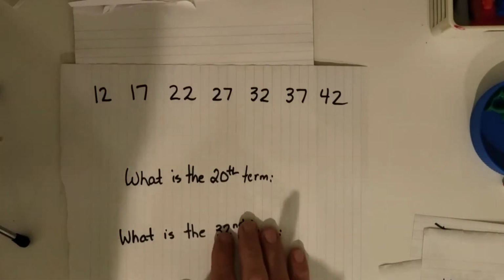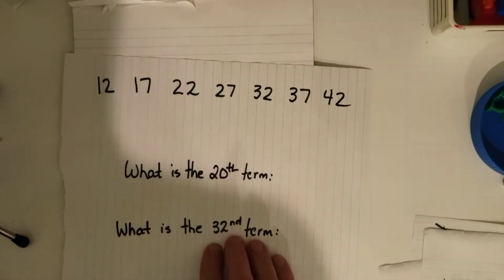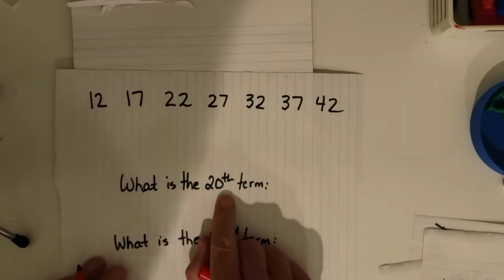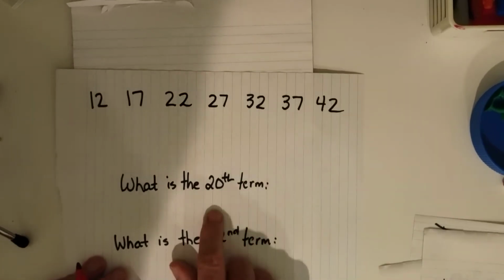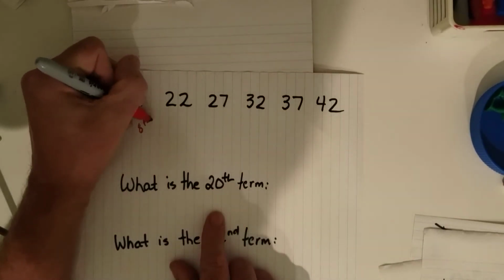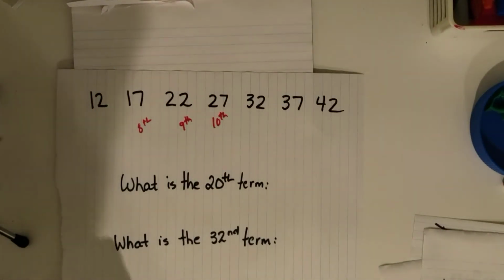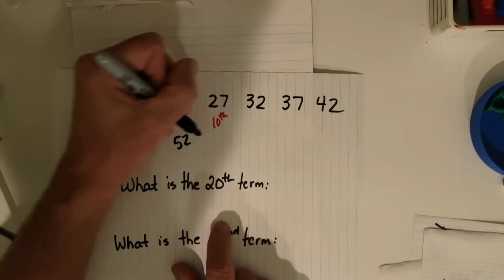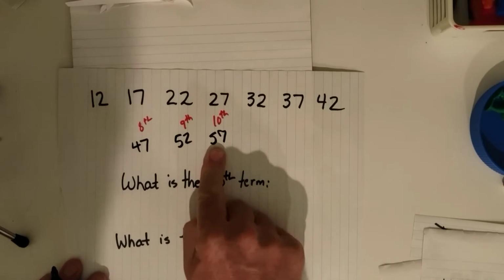We do the same thing with a growing pattern. What we talked about doing is going up to the 10th term. So here I have 1, 2, 3, 4, 5, 6, 7. My 8th, 9th, and 10th will be 47, 52, 57. So now I know that.